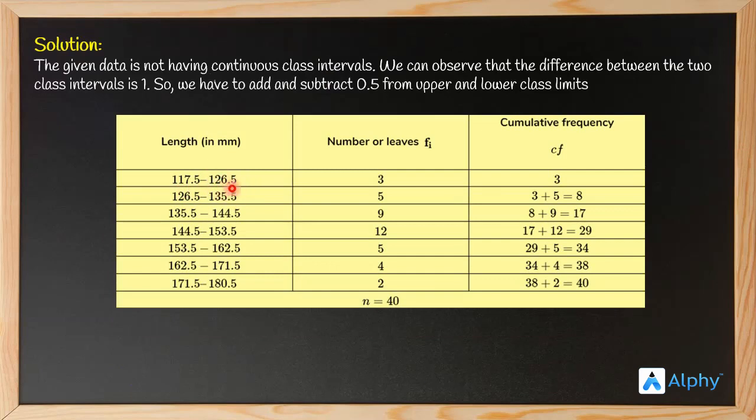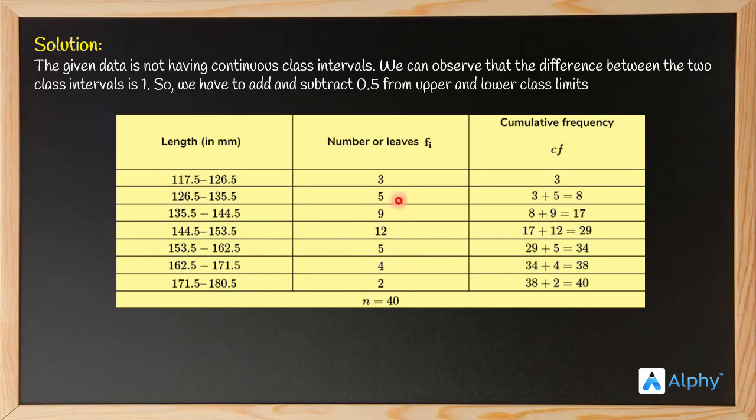Here we have added 0.5 to the upper class limit and we have subtracted 0.5 from the lower class limit. Similarly, for all the class intervals, we have added 0.5 to the upper class limit and subtracted 0.5 from the lower class limit to make this data continuous.